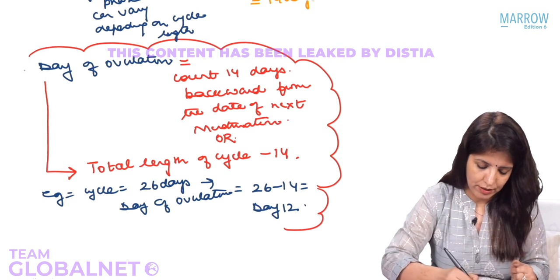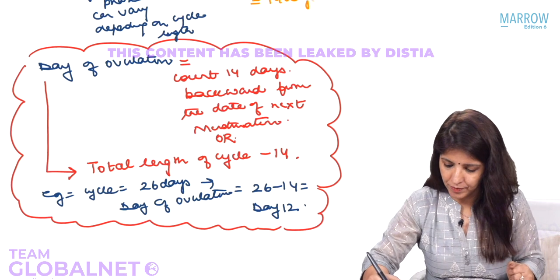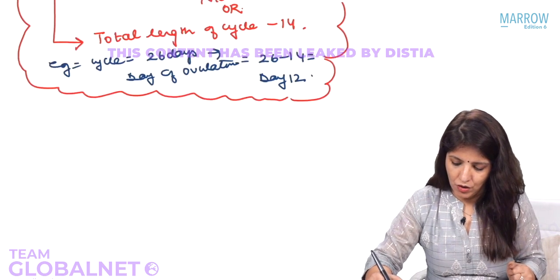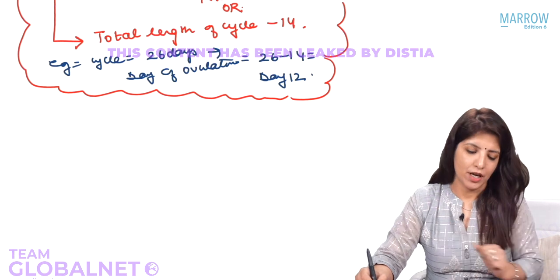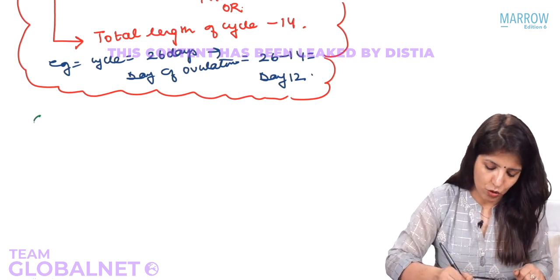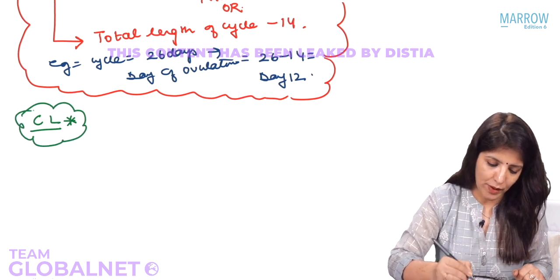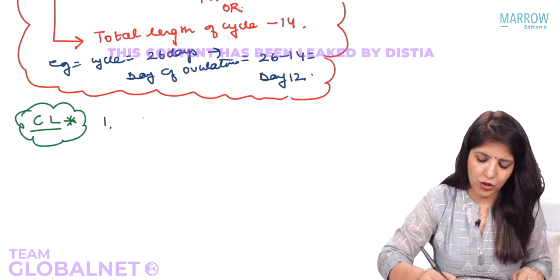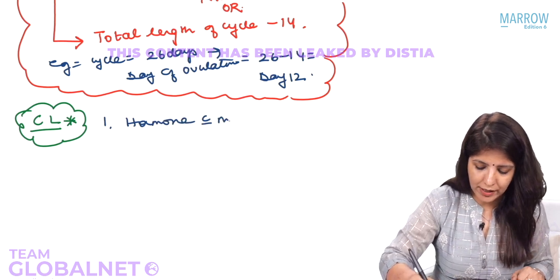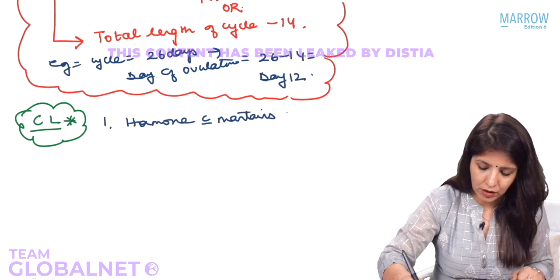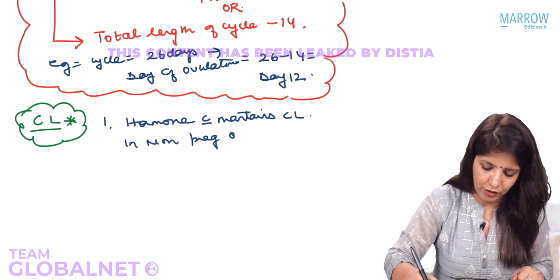Now, ovulation has happened and our corpus luteum has formed. So let's talk about corpus luteum. Questions which they ask on corpus luteum. Number 1, as I told you, which is the hormone which maintains corpus luteum in a non-pregnant female?